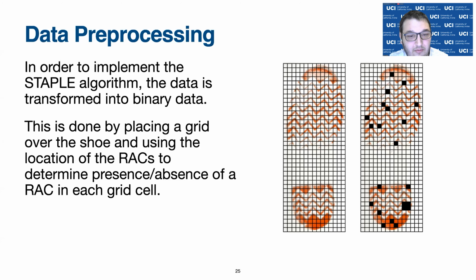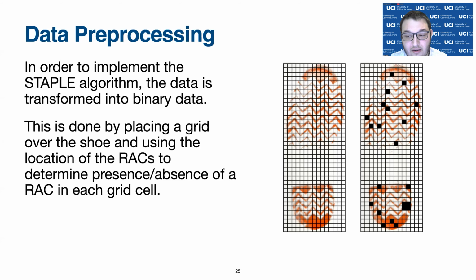So how this relates to the previous example with the brain tumor is we now have an image with presence or absence, a binary response of whether or not a RAC is in this cell. And our entire image is going to be what we're segmenting on.